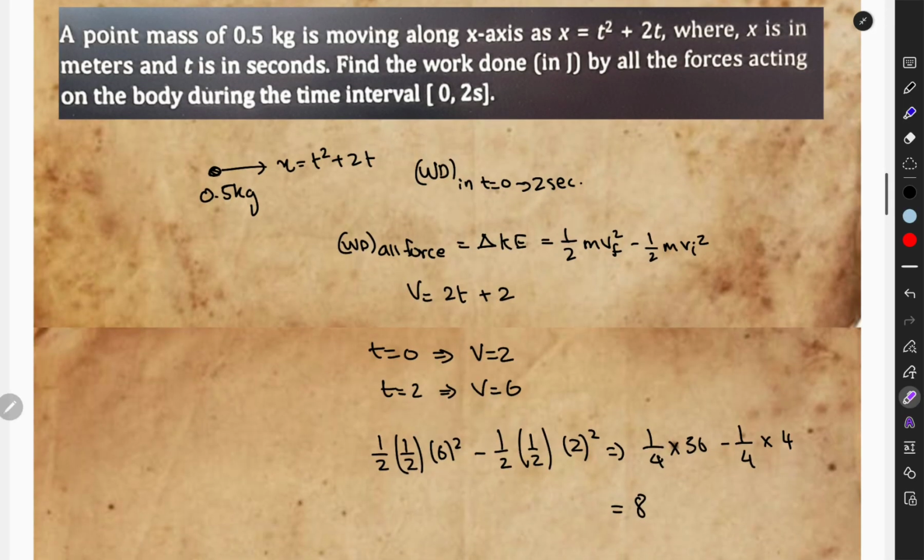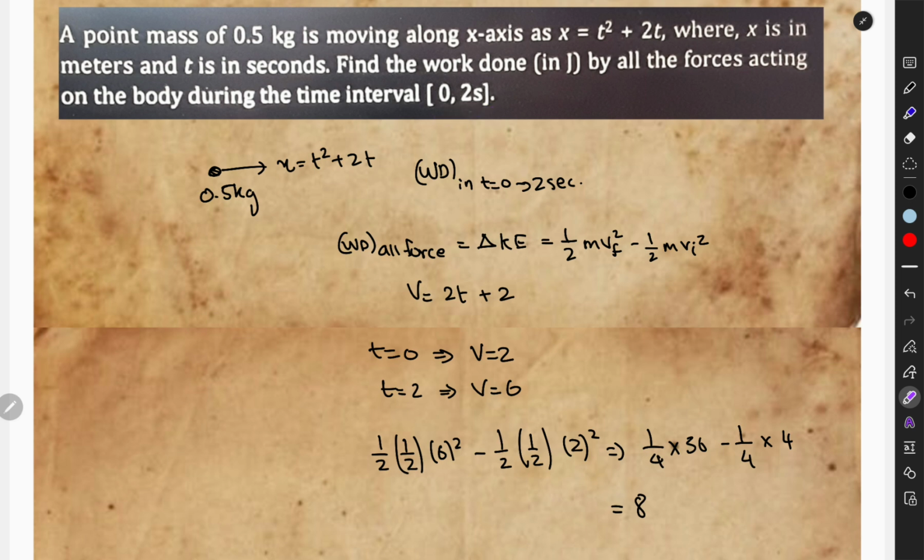Next question, a point mass of 0.5 kg is moving along the x-axis as x is equal to t square plus 2t, where x is in meters and t is in seconds. Find the work done in joules by all the forces acting on the body during the time interval.